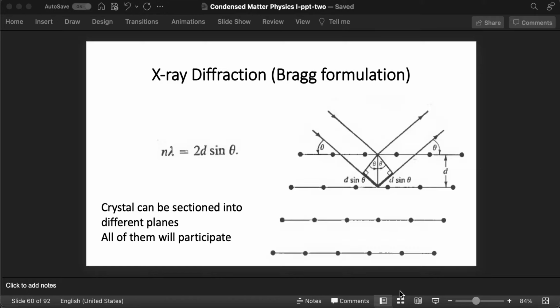So if you subject a solid to X-ray radiation, the solid acts like a diffraction grating to that X-ray, and you will get a fringe pattern, and that's called X-ray diffraction. And so that's the first context.